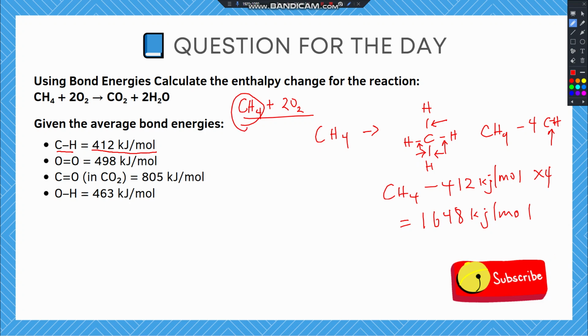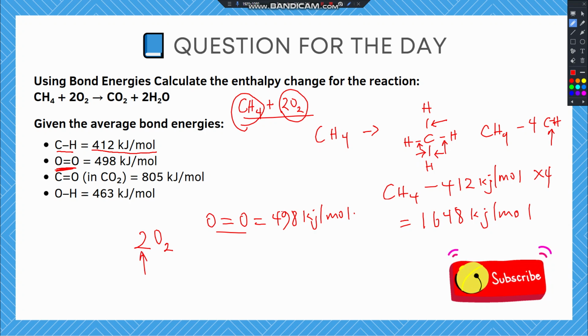We have done that. So now we need to calculate for the second reactant, which is 2O2. Let's do that very quickly. O2, you can see it over here, has a bond energy of 498 kilojoules per mole. So how many O2 bonds were broken? From the equation, we see that it has a coefficient of 2, which tells us that 2 O2 bonds were broken.